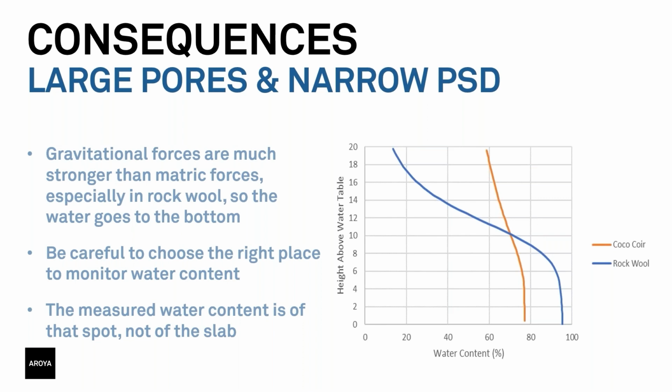If we just place the base of it in water, the important thing to learn from this is the spatial variation of water content in these substrates can be large. And so we have to standardize the monitoring location and be careful to put sensors in the right place every time, or our monitoring won't be good.